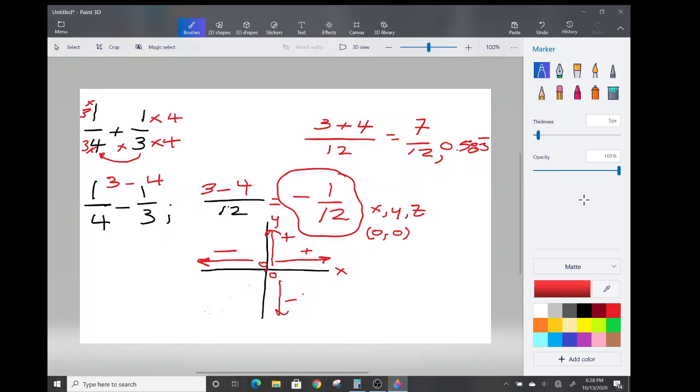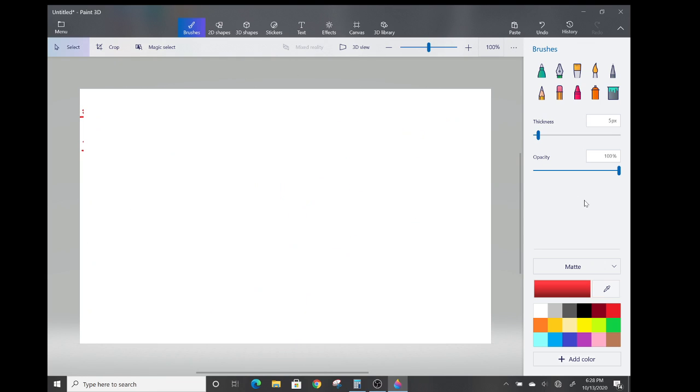Okay? Now let's run over and recap multiplication and division. So, for adding and subtracting fractions, what do we have to have? We have to have a common denominator. Yep, adding and subtracting.